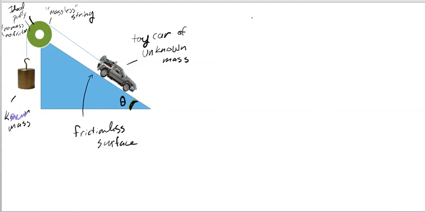First thing you need to realize is that the acceleration of the system, which means the car and the weight and everything, would equal 0. And you also want to remember, this is Newton's second law. Remember that acceleration is directly proportional to net force and inversely proportional to mass.